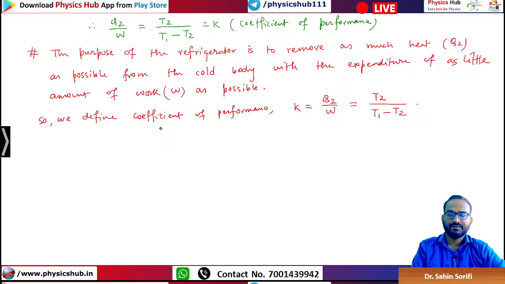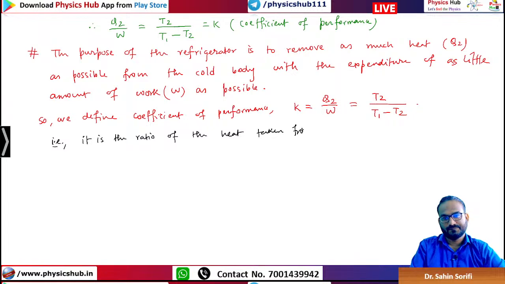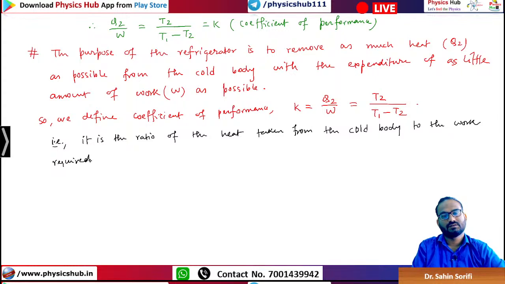So if we want to define what the coefficient of performance is, we can say it is the ratio of the heat taken from the cold body to the work required to run the refrigerator.